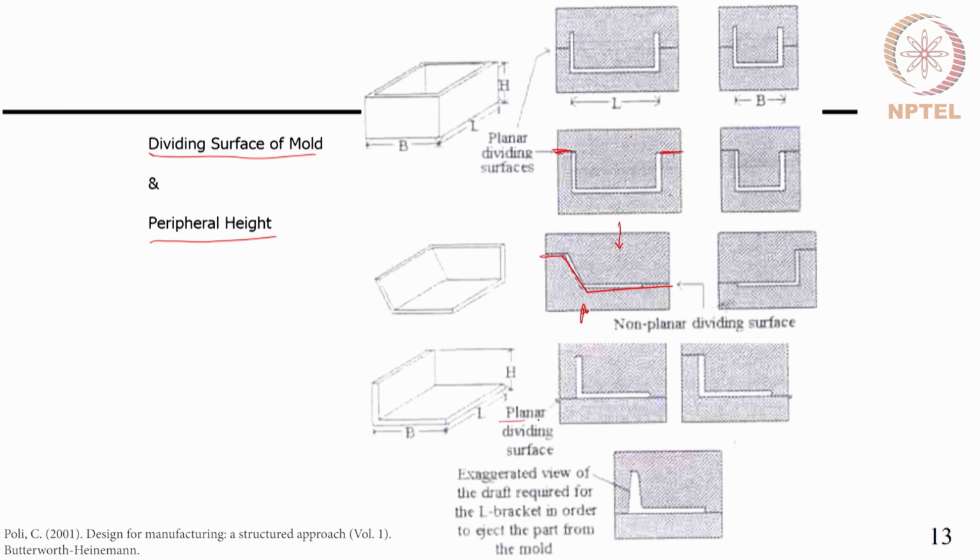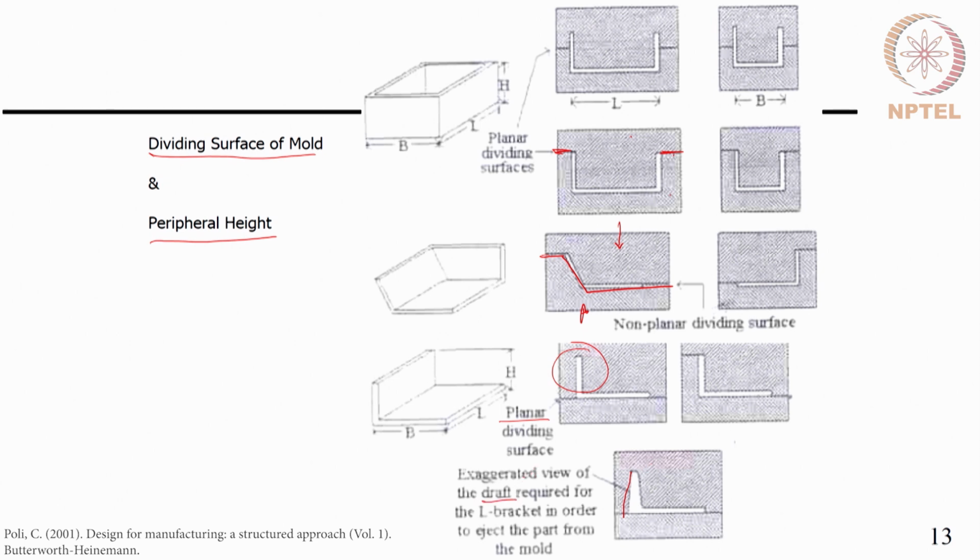We can also have the planar dividing surface kept on one side, but in this example you can see that the part depth increases. One can still remove this part by providing a taper or what is called a draft.